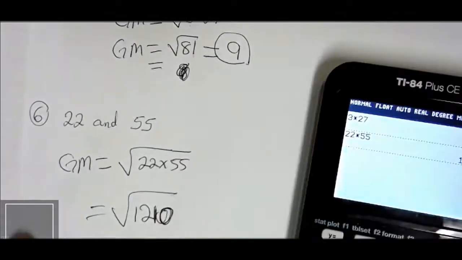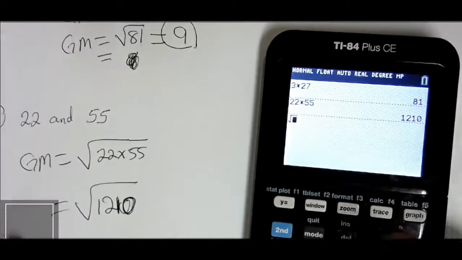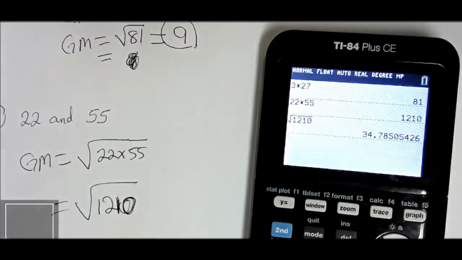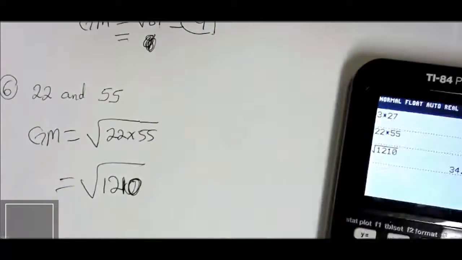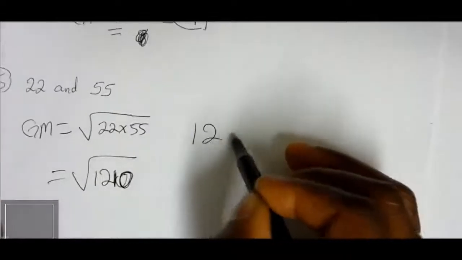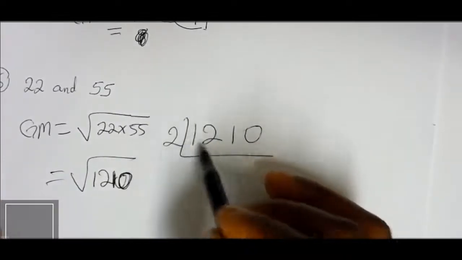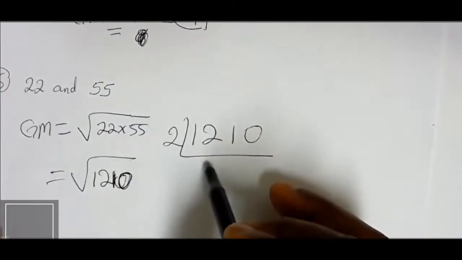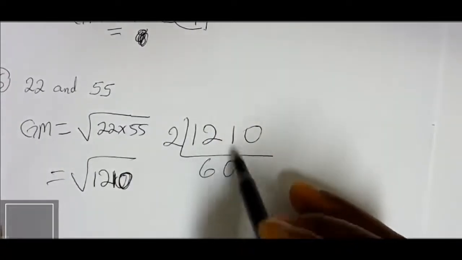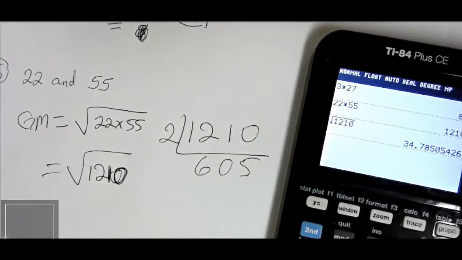Then we check to see if it is a perfect square. We put it under the square root. No, it is not a perfect square, so we need to find a perfect square that goes into it. So we can take the prime factorization. All right, 2 can go into 12. You get 6 and 0 and 5. You can use a calculator to go fast.